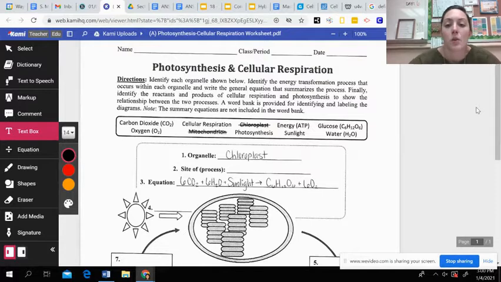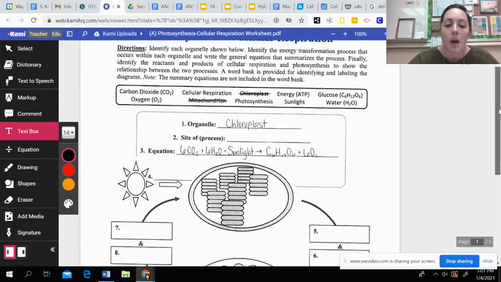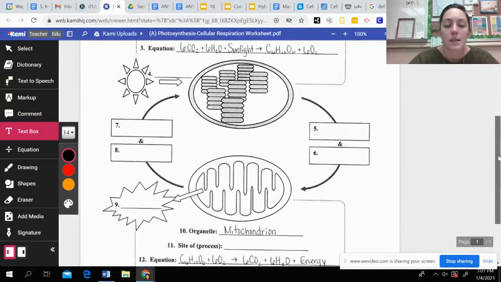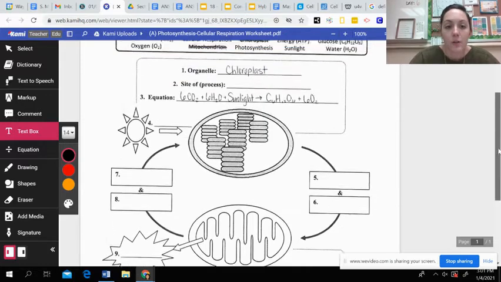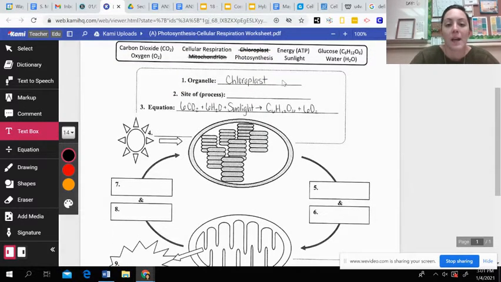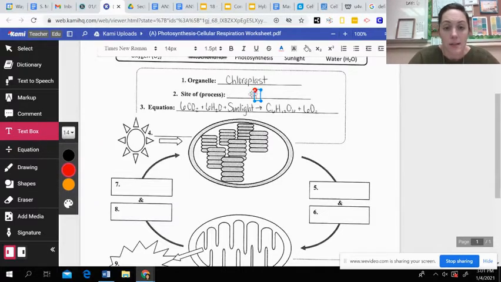Okay, so we are essentially just labeling this diagram, showing how photosynthesis and cellular respiration work together, what they need, so those raw materials that go into each of those processes, and then what they produce, so what comes out. So this first one we have happening in the chloroplast organelle, and this process is photosynthesis.